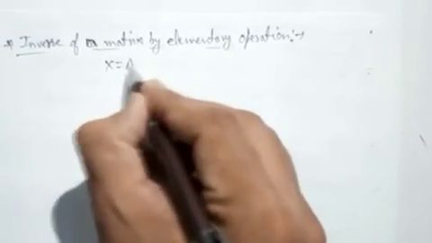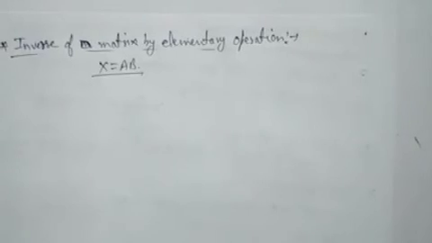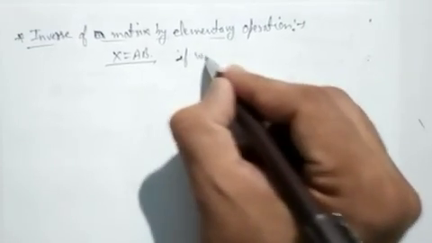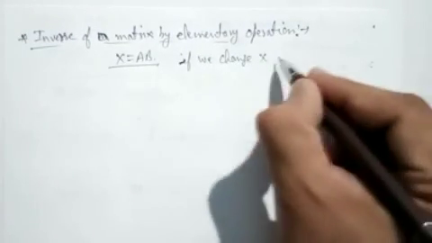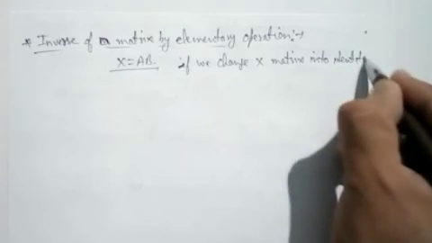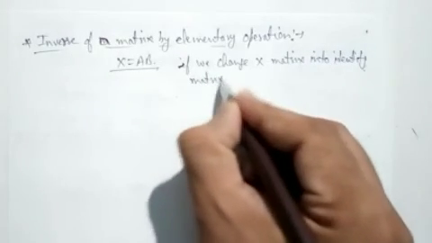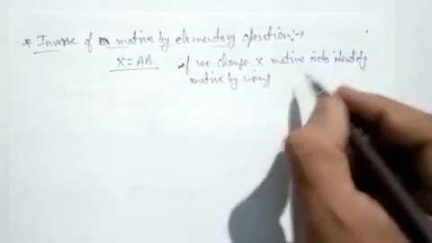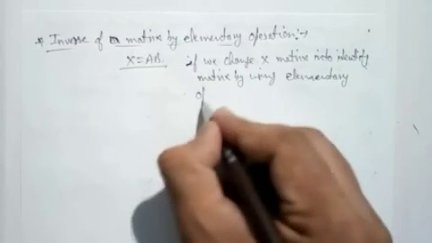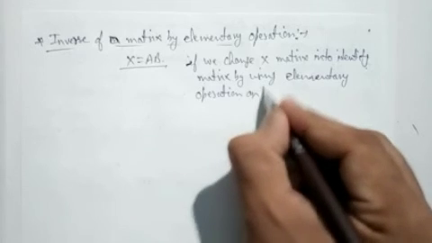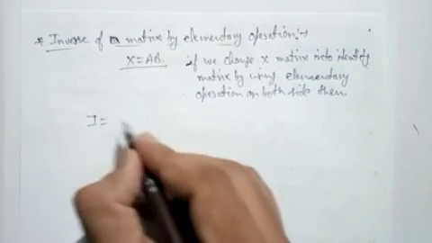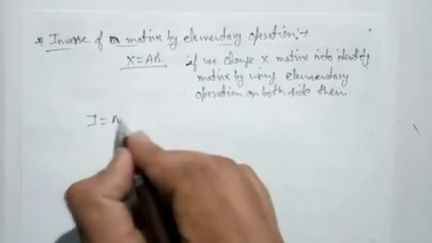If we have X equals to AB, if we change the X matrix into the identity matrix by using elementary operation on both sides, then I equals to AB, whatever may be changed.